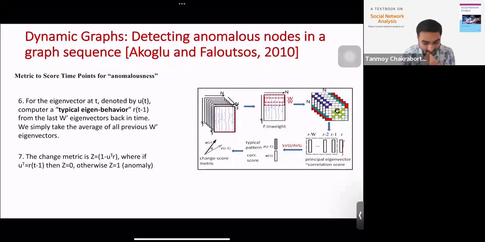Here t basically means a sliding window. At every sliding window you have this n cross n matrix, and from the n cross n matrix you get a vector, which is the principal eigenvector. This principal eigenvector is basically the summary of the correlation matrix. So for every t minus W, we have these principal eigenvectors.